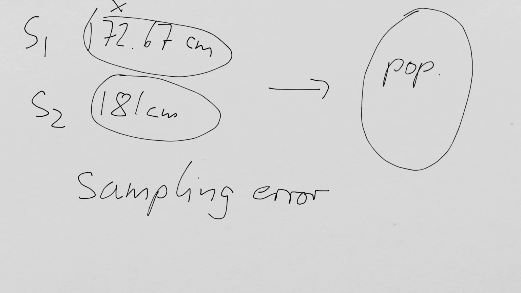So if somebody says, but you made a sampling error, don't fall into depression. Sampling error is absolutely fine. You can't avoid it. Sampling error is, if you like, God-given, or given by the gods of statistics. Can't avoid it.